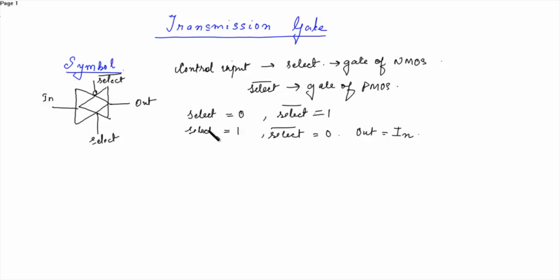Okay. So let's see how the transmission gate is constructed. This is the symbol of the transmission gate, or you also say it as the pass transistor.